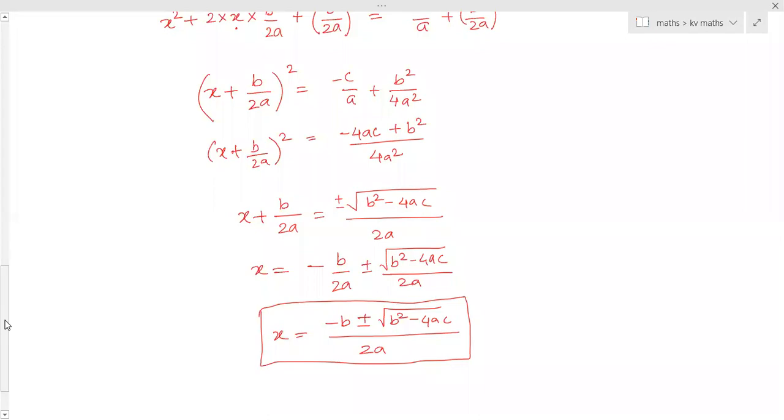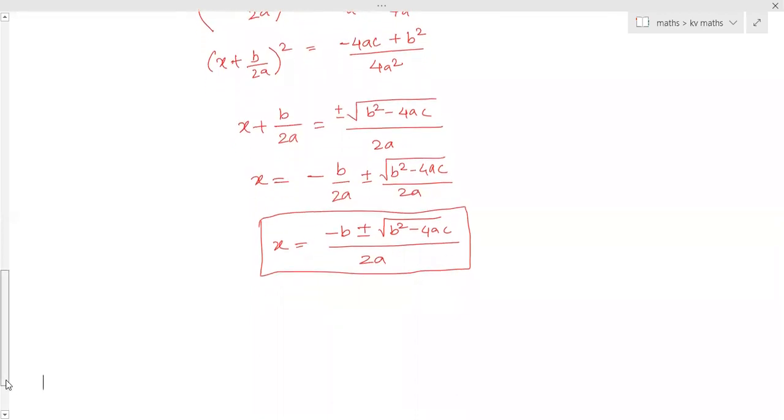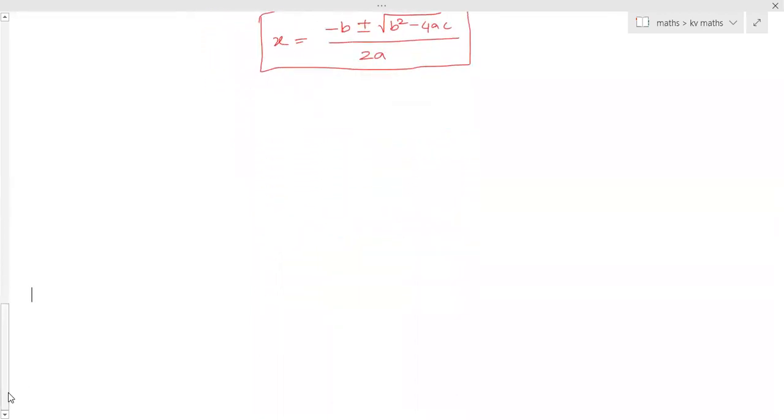Then we have to solve the questions. Starting with the simple questions.